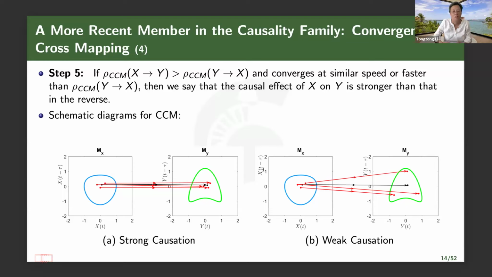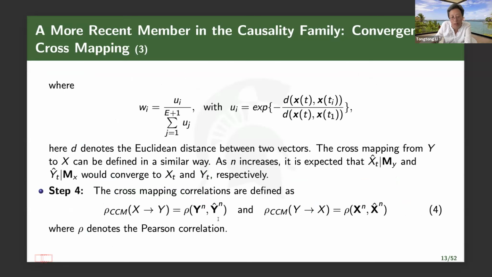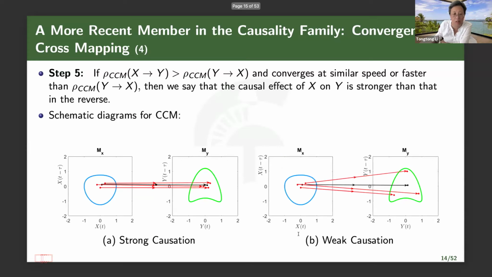And then we calculate the correlation between the true time series and the estimated time series. And if the correlation in one direction is larger than the correlation in the other, then we say the causal effect of x on y is stronger than the other direction.